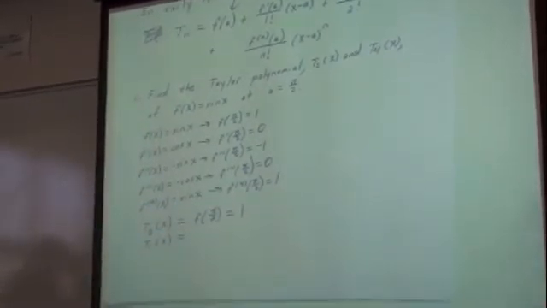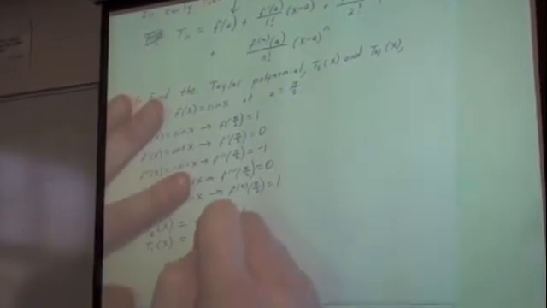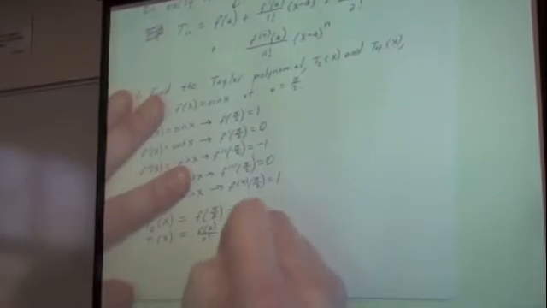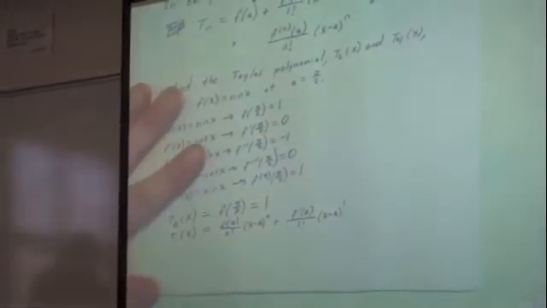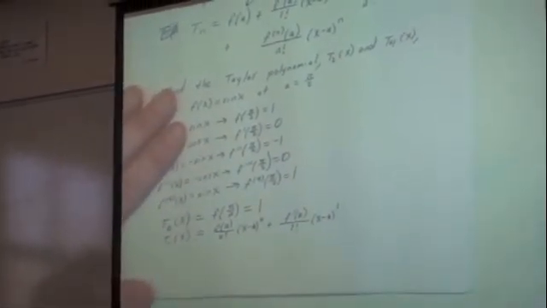Now, when I go down to my first Taylor polynomial, T sub 1, I know that my first term is always f of a divided by 0 factorial times x minus a to the 0, plus f prime of a over 1 factorial times x minus a to the first. So that's the formula for it.